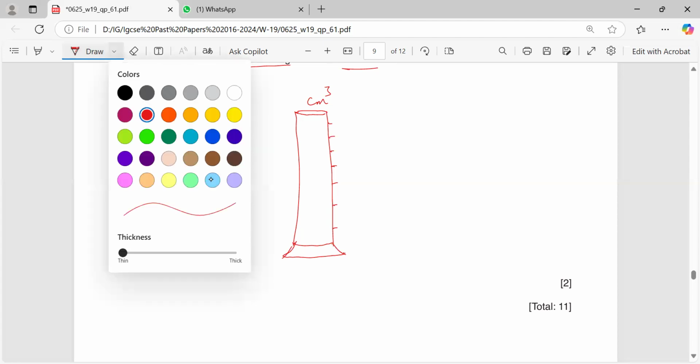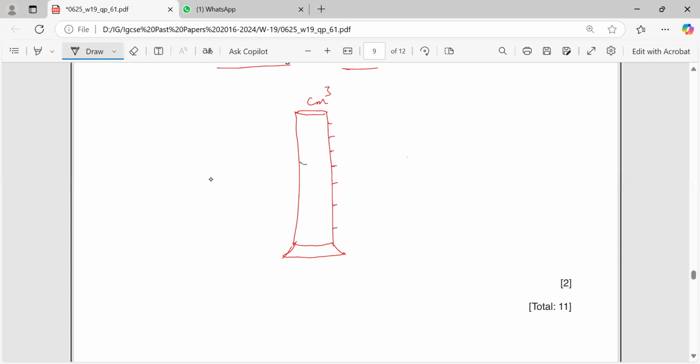And then, my dear friend, we can make the surface of water like this, and then with the help of a ruler we need to draw the line of sight.